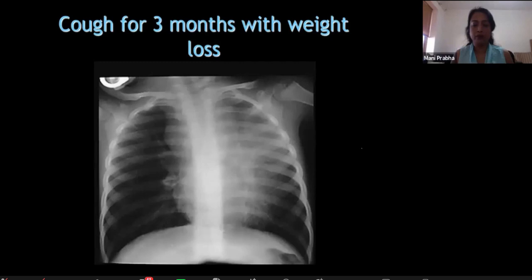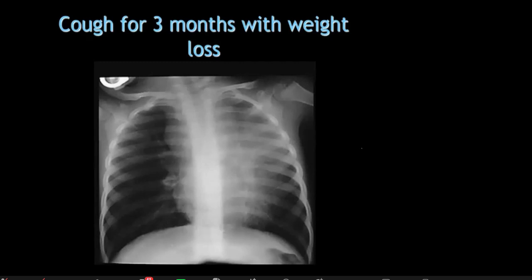Looking at the bone specifically, I can see there's possible resorption of the left lateral clavicle and also what appear to be some destructions of the left humerus, especially the humeral head and also the epiphysis. Given the history of weight loss, I'm thinking of a more sinister underlying condition.